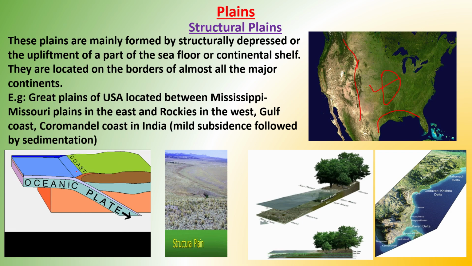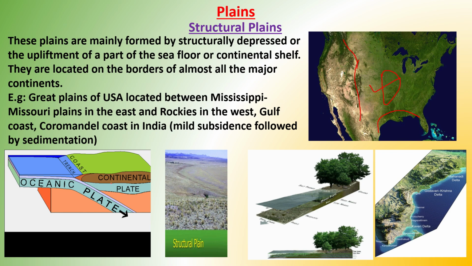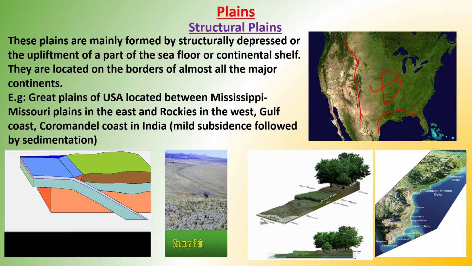Now look at this particular animation, how the crust, both the crust when it is coming towards each other near the coast, the oceanic plate is pushing up the continental plate and the coast is uplifted, and that's why it is called structural plain.